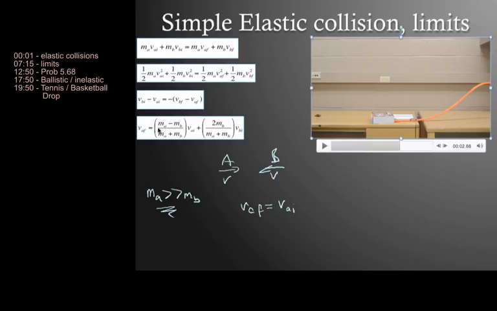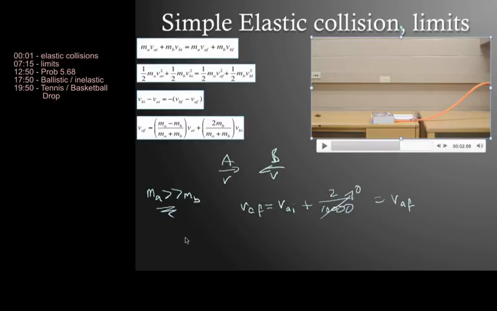We have 1 minus a tiny number over 1 plus a tiny number, so it's just going to be what we have. And then in this case we're going to have 2 over MA plus MB, but in this case A is really big, so this is our really big number. So this is going to be 0. So again, VA is totally unaffected by what's happening by B.